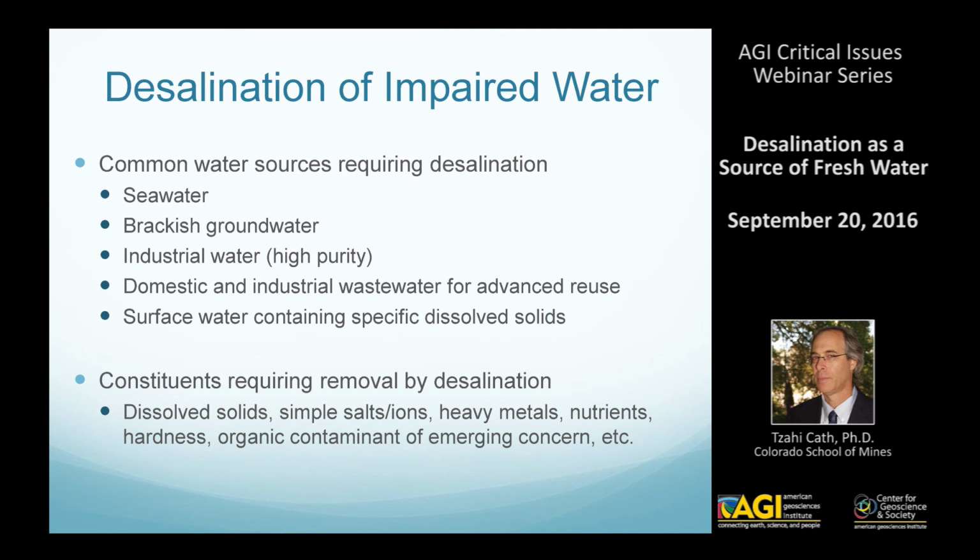You can think about the electronic industry, food and beverage, dairy industry that requires separation of salt from water, but also other constituents from liquid streams. We're using more and more reverse osmosis for advanced treatment and reuse of wastewater, and in some cases we also see surface water desalination for removal of specific dissolved solids.